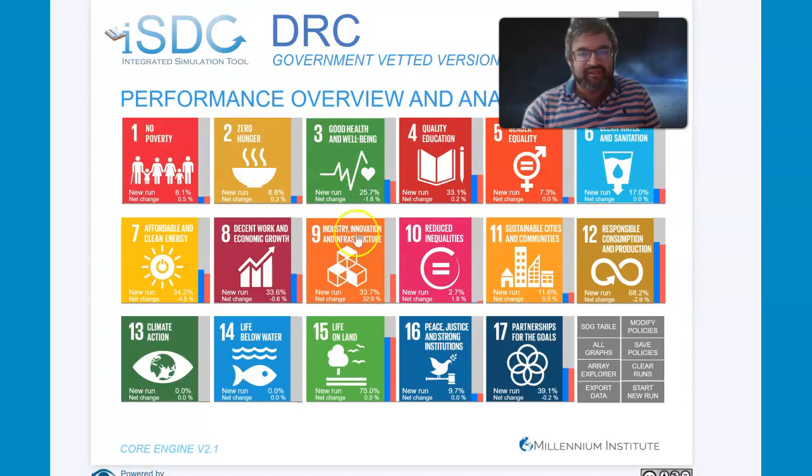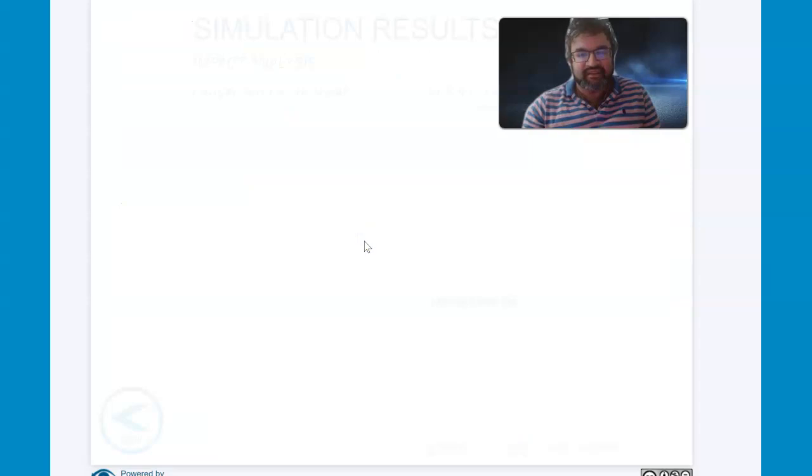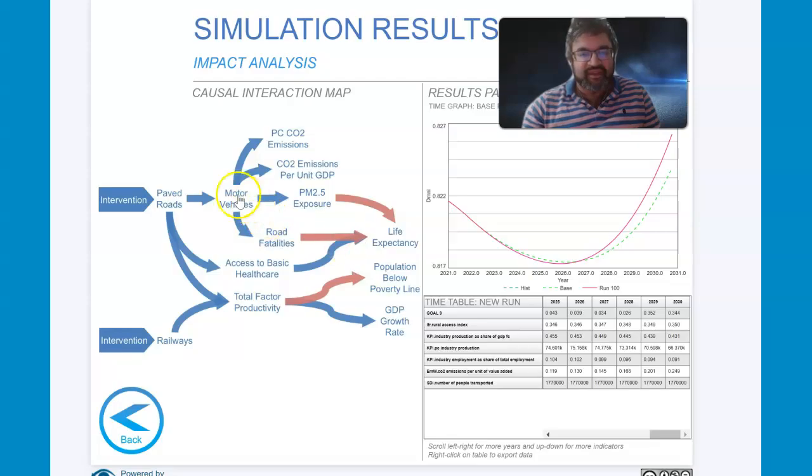Number 9 is industry, innovation, and infrastructure, as we already had mentioned. And then taking a look at this, on one hand, when you increase paved roads and railways, you have total factor productivity, access to basic health care, increase in paved roads, motor vehicles. Those are the advantages. However, you're having more road fatalities, which decreases life expectancy.